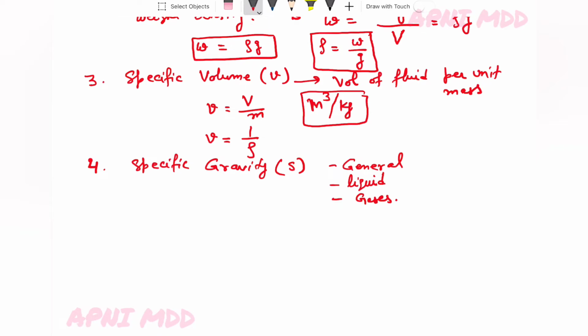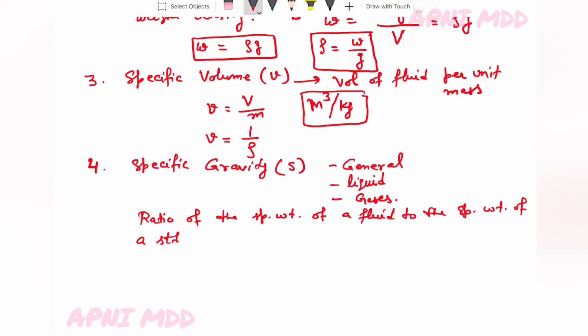Okay. Now the general definition for specific gravity is the ratio of the specific weight of a fluid to the specific weight of a standard fluid at standard temperature and pressure.